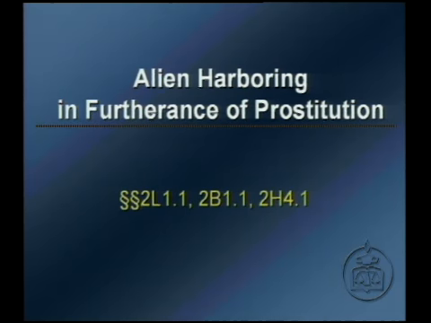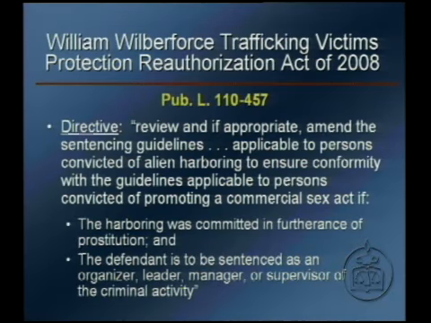Corresponding changes have been made in the Alien Smuggling Guideline, which is at 2L1.1, the Fraud Guideline under 2B1.1, and the Peonage Guideline 2H4.1. The act prompting these amendments is the William Wilberforce Trafficking Victims Protection Reauthorization Act of 2008.